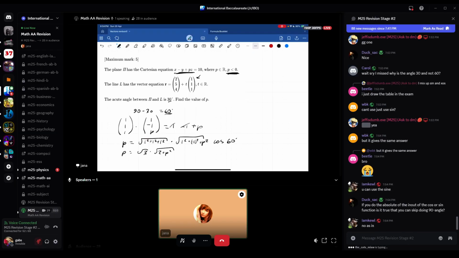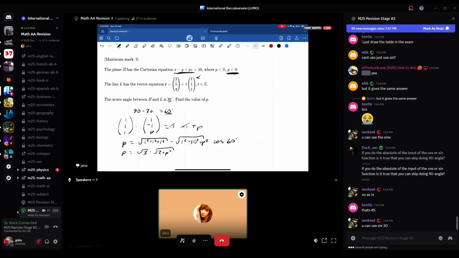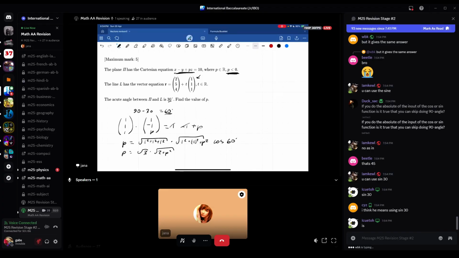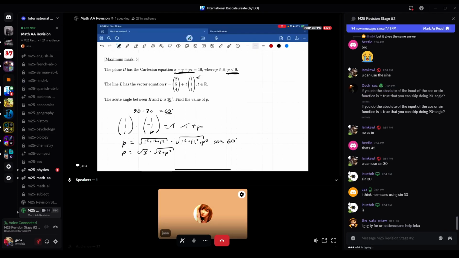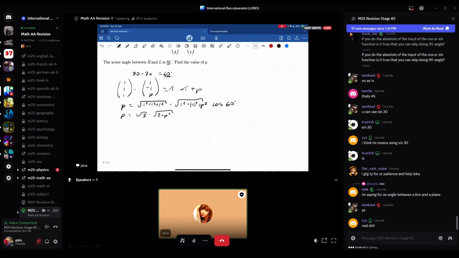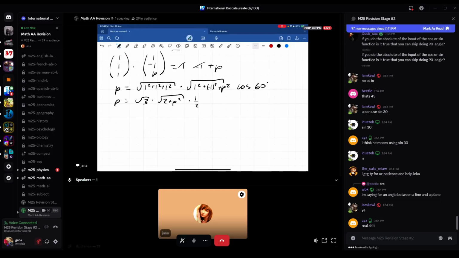If you take the absolute value, yes, you can use sine 30 if you want to. I just don't want to, because I don't want to do mental gymnastics and accidentally mess up a question. We're trying to make our lives easier, not harder. I'm going to keep working on this while you guys ask stuff, because you're confusing me.